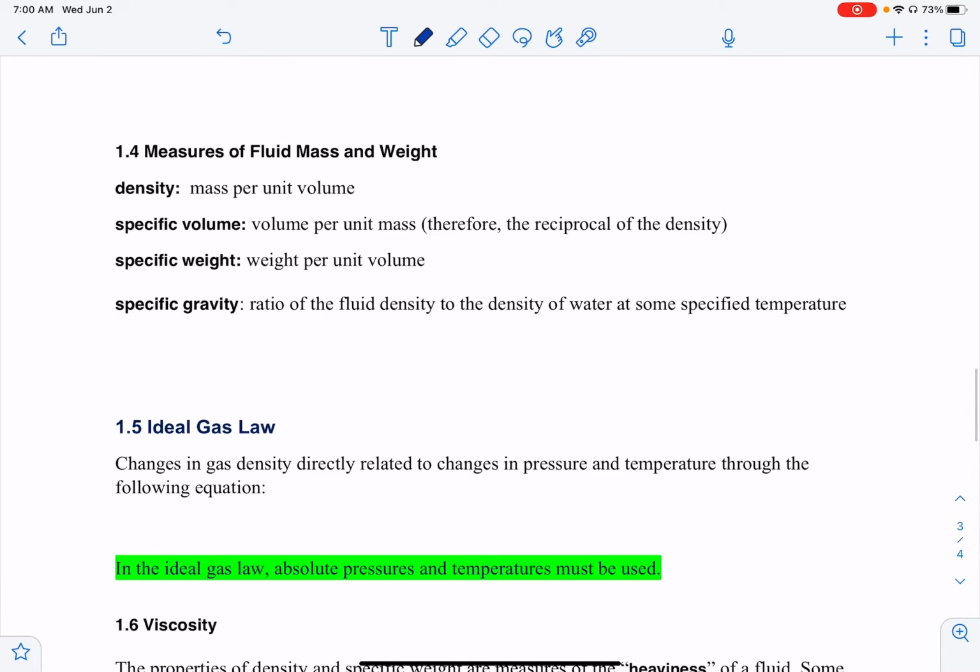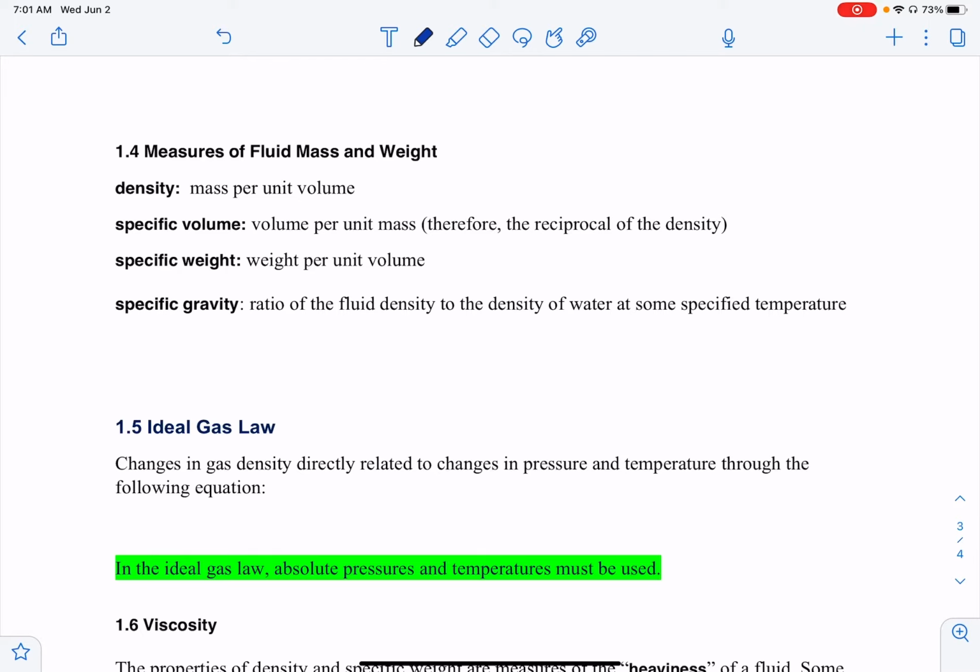Let's talk about some of the variables for fluid mechanics. We have density, and these are actually common properties in fluid mechanics.